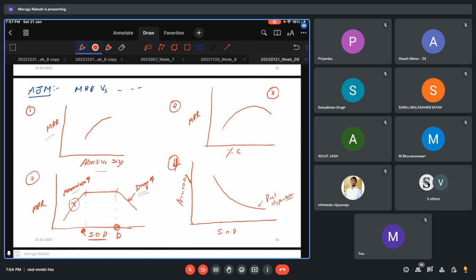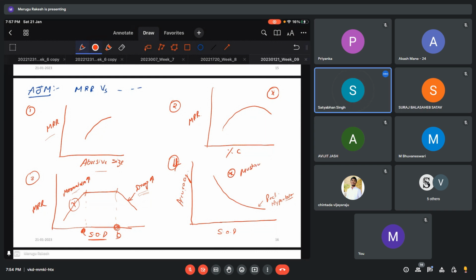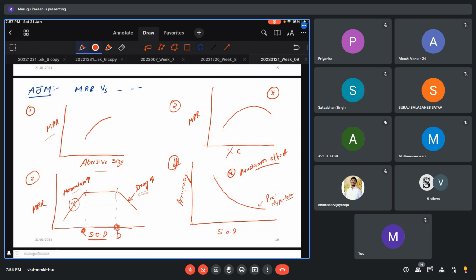Then comes the accuracy with respect to standoff distance. Of course, the accuracy will decrease with standoff distance. The effect generally people call diverging, the mushroom effect. If you see the machining process, it will come and form something like a mushroom.